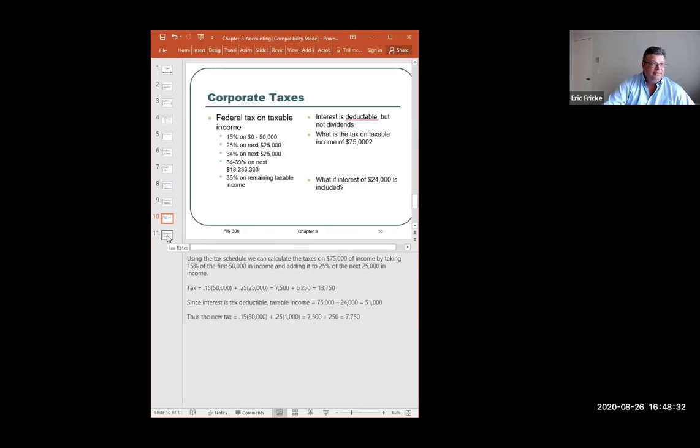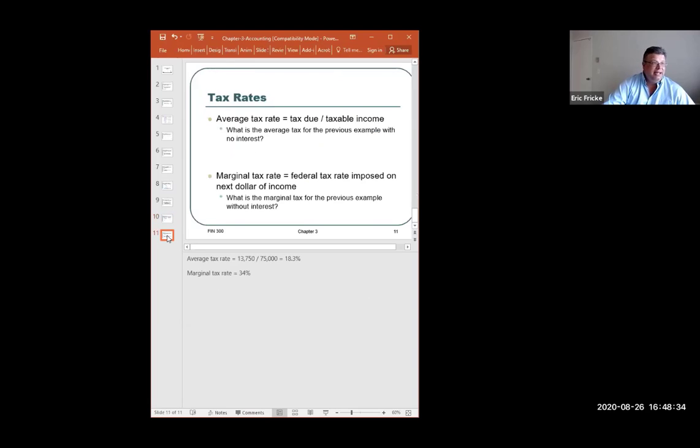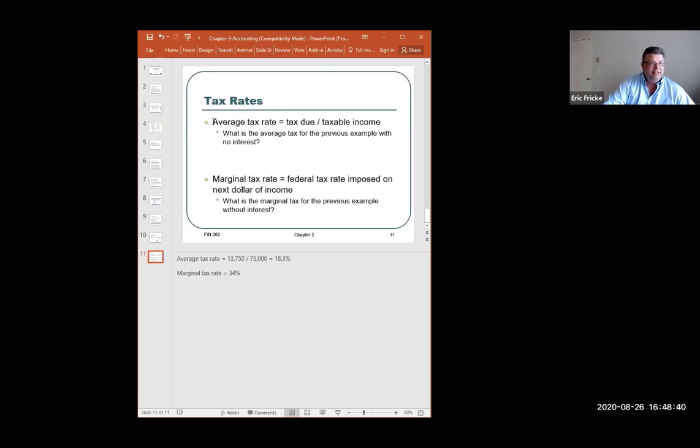And it looks like we're about out of time. I'll be quick on this slide. There are two types of calculations on taxes. One is the average tax rate, and the other one is the marginal tax rate. The one that's important for us in finance is the marginal tax rate, because that tells you your tax rate on all future extra income.